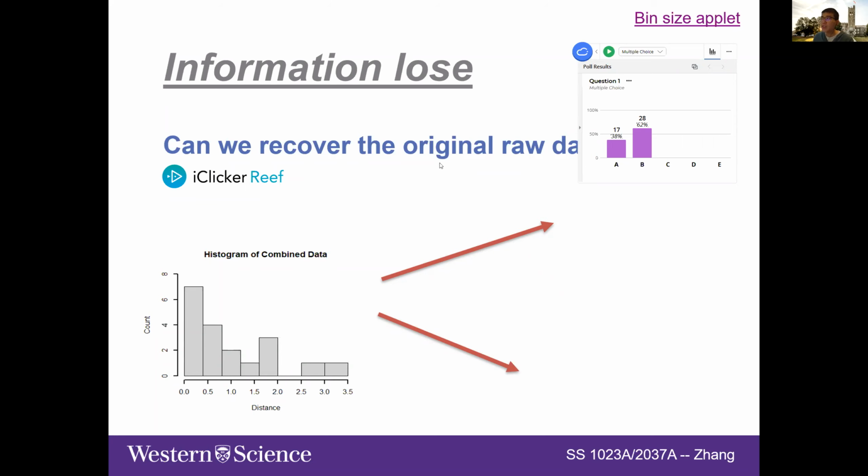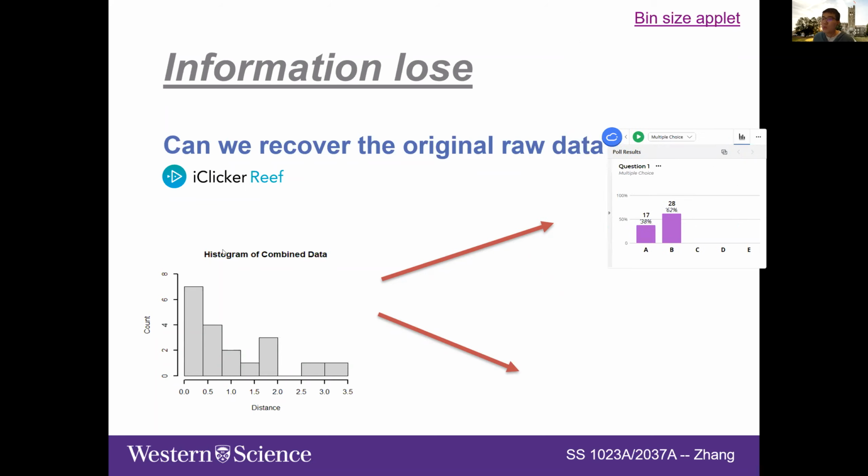So imagine when we have the original data set and we construct this histogram, we first divide our x-axis into several intervals, right? And then we just put our data into these intervals. After we put that data into the intervals, we no longer can tell what exactly that point is.